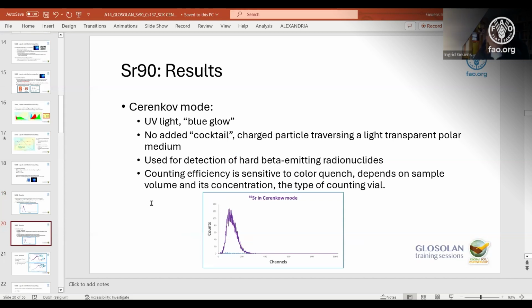So it's emitting, in fact, UV light, and then a cocktail is not needed. Strontium-89 is one of them. So if you think you have to correct for strontium-89, you can first measure your sample in the Cerenkov mode, where, let's say, strontium-90 is not present. It cannot do this, but strontium-89 is.